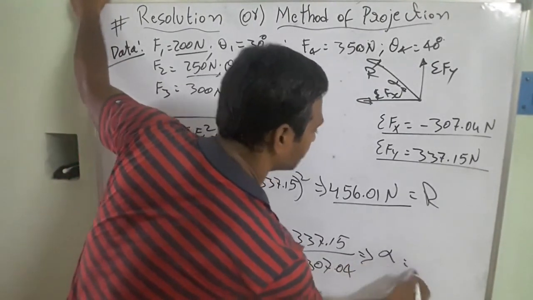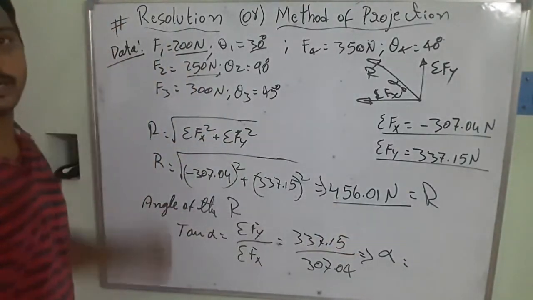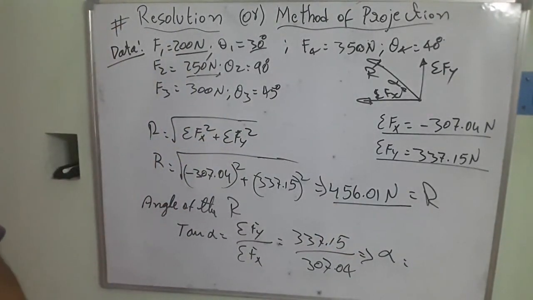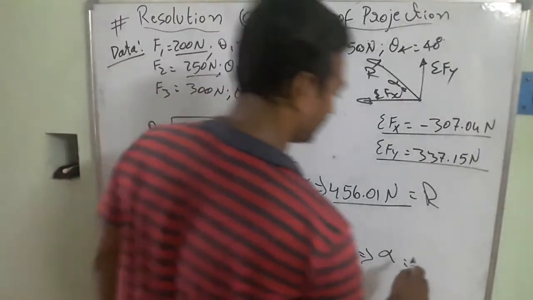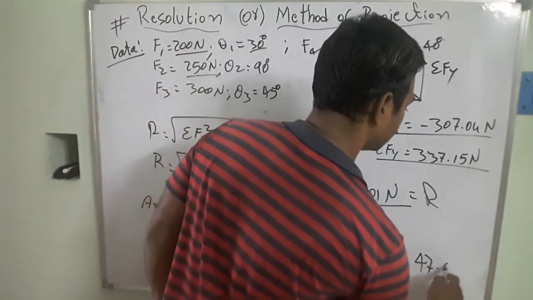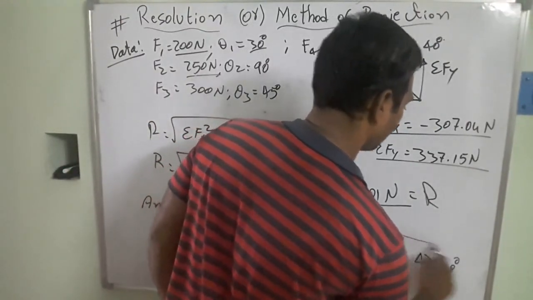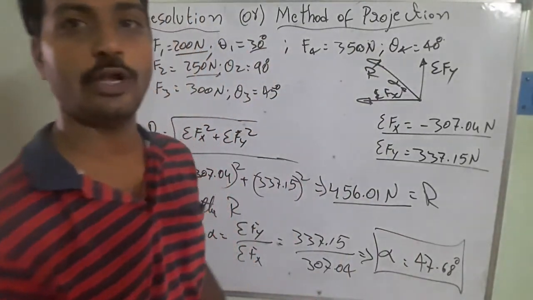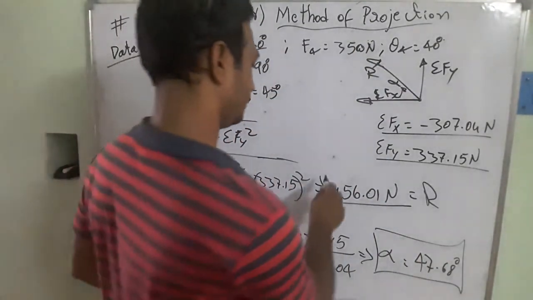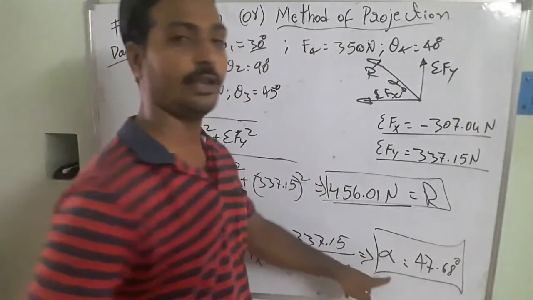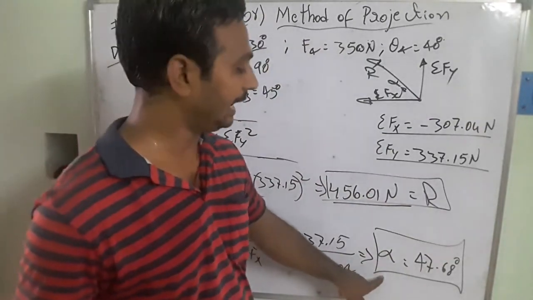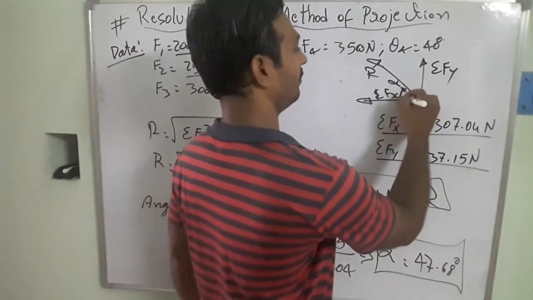Taking tan inverse, we finally get 47.68 degrees. This way we calculate the resultant component and its inclination with the horizontal.